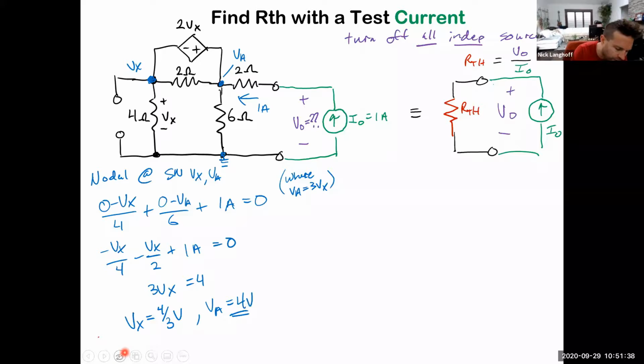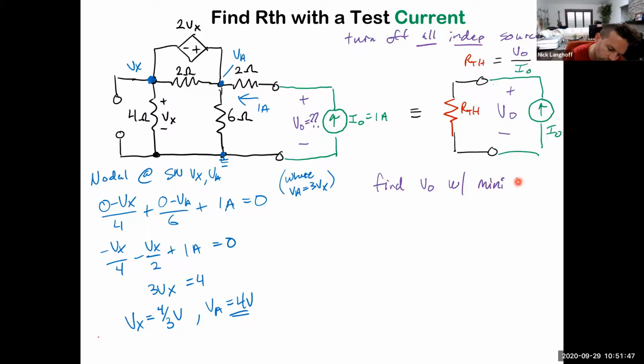Now we want to find V naught, and we're going to find it with what you've heard me refer to as a mini KVL, meaning that we're going to start at the point VA and walk across the 2 ohm resistor to get to the point V out.